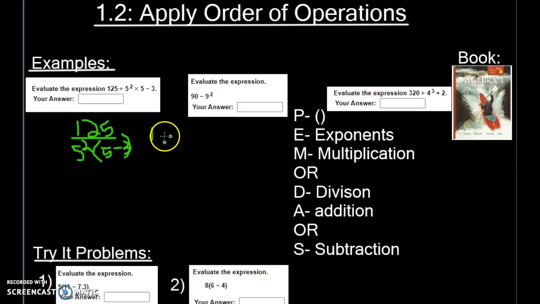So it'd be 125 divided by 5 squared times 5 minus 3, which is just 2.